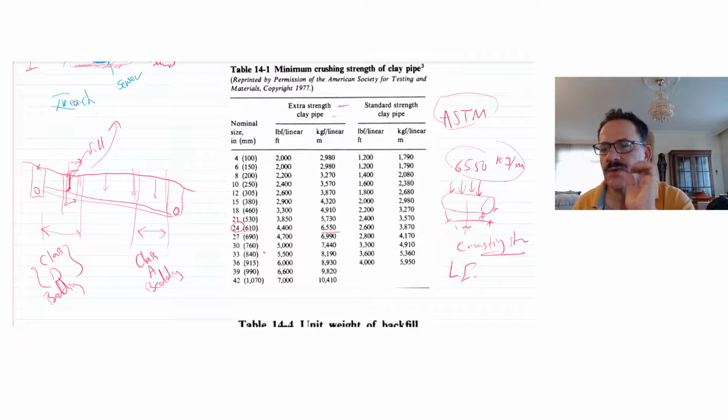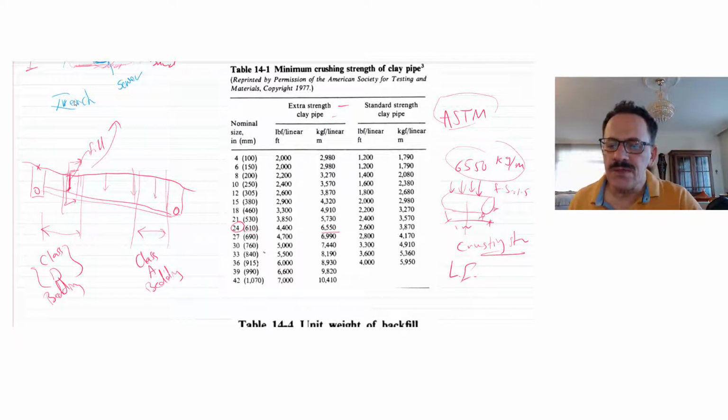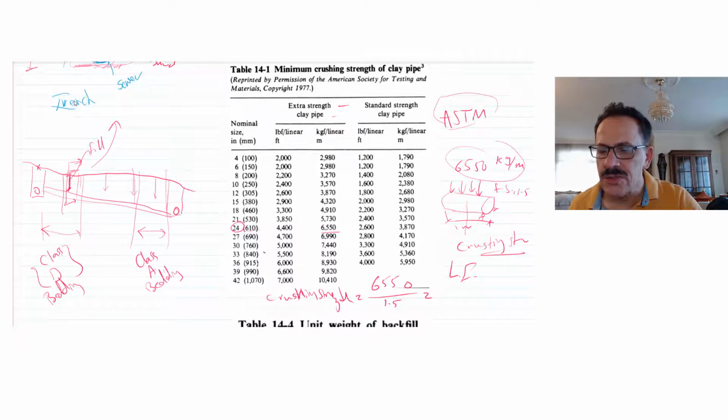Now what I should do when I'm going to use this for calculating the load factor, I will not use the same value, but I will use a factor of safety. I will say if I have a factor of safety equal to 1.5, for example, instead of saying that this 1 meter of this concrete can hold 6,550, I will divide this by 1.5.